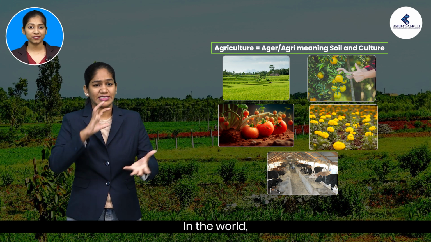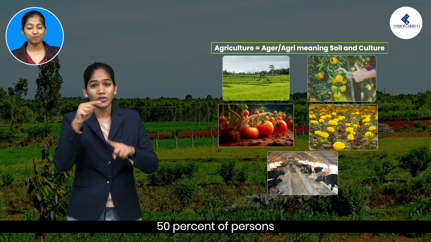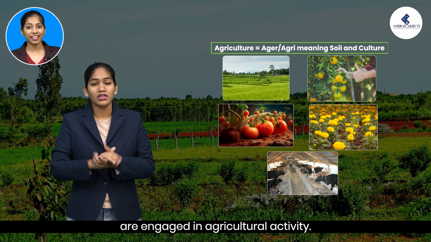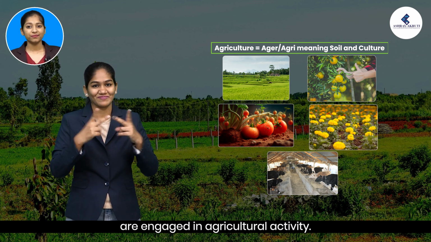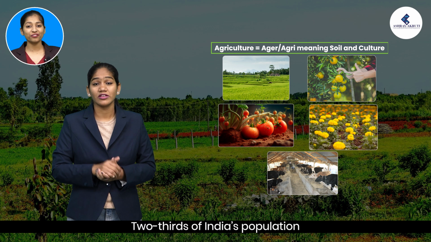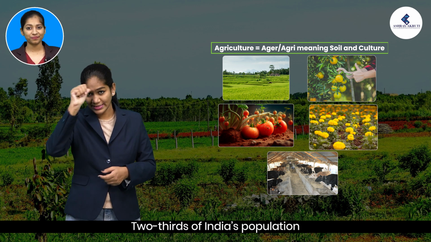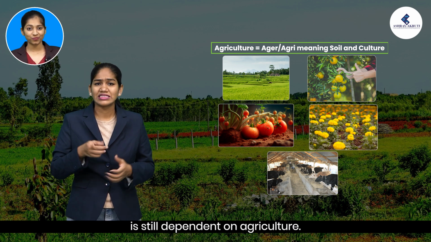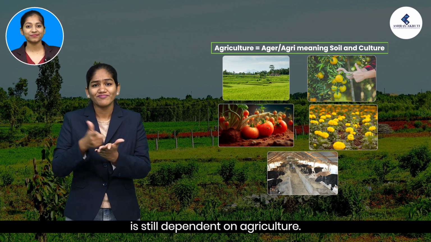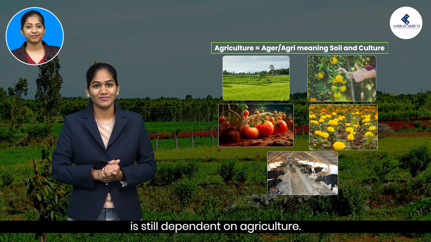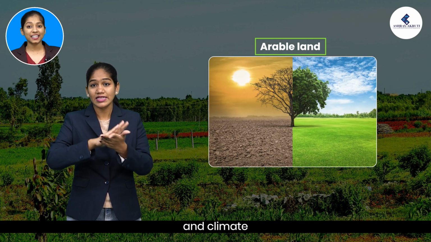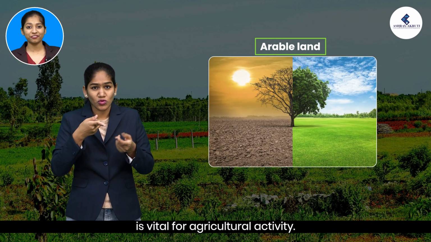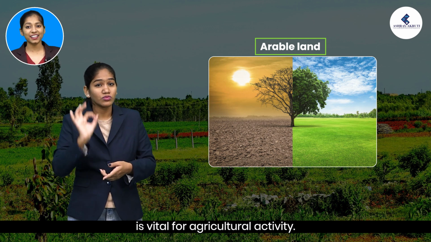In the world, 50% of persons are engaged in agriculture activity. Two-thirds of India's population is still dependent on agriculture. The favorable topography of soil and climate is vital for agricultural activity.